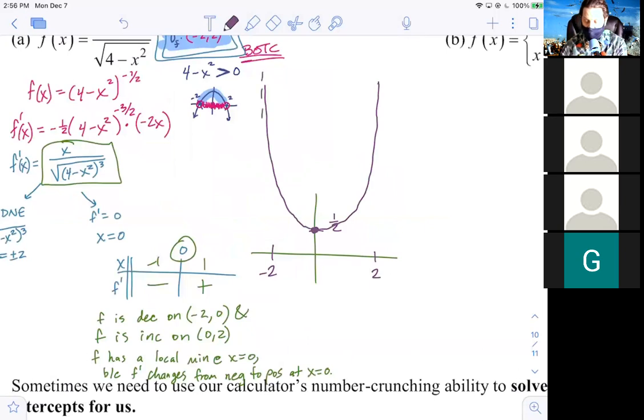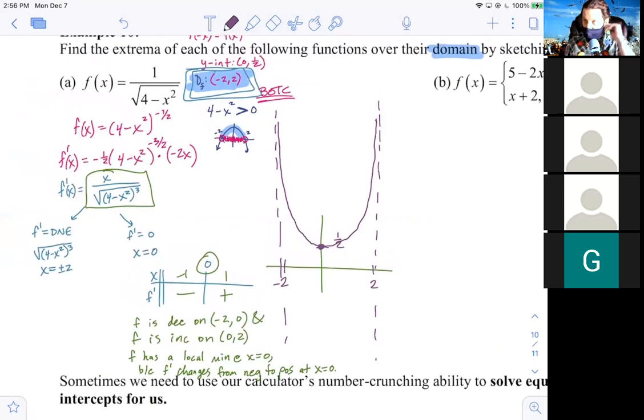Guess what we have at -2 and 2? When you plug it in, you get non-zero over 0. When you plug in a value outside of -2 and 2, you get a negative under the radical. But when you plug in 2 or -2 back into f, you get non-zero over 0. That means there's a vertical asymptote there.